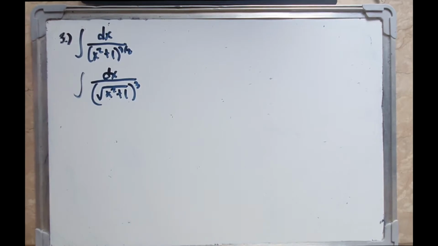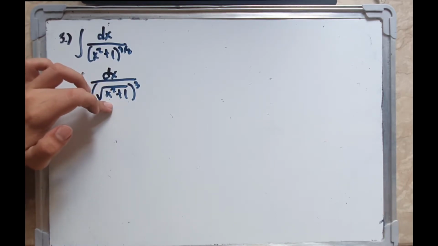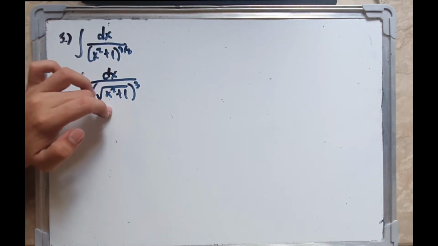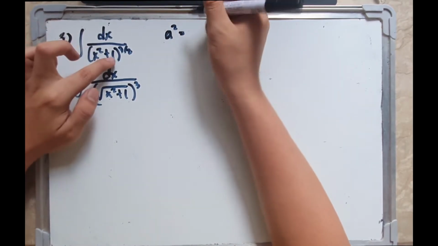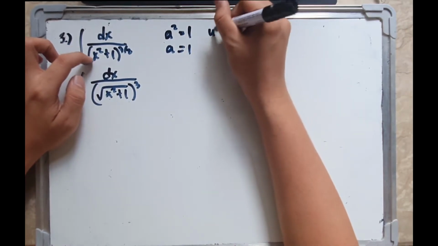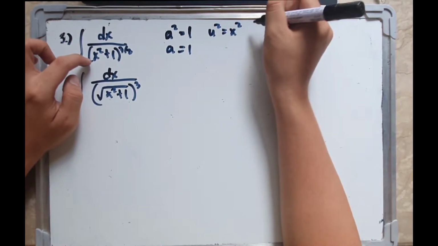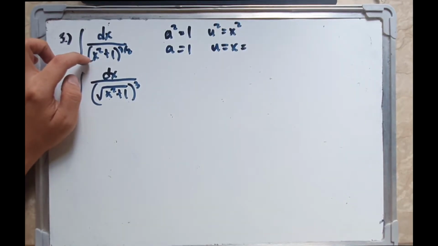Okay, so we will try again replacing this algebraic function with a trigonometric function. a squared is obviously 1, therefore a is 1. We have u squared as x squared, u is x. So what shall we replace with x?